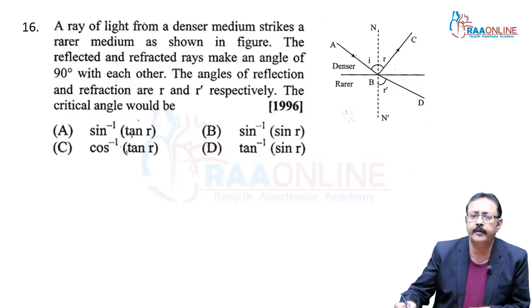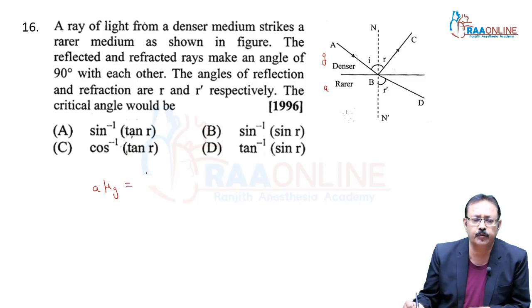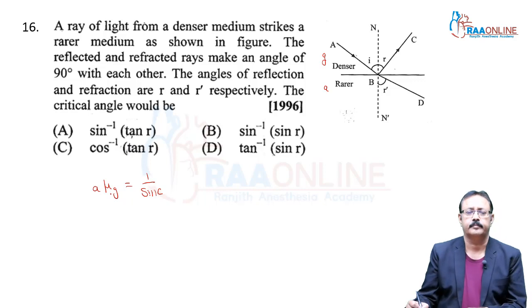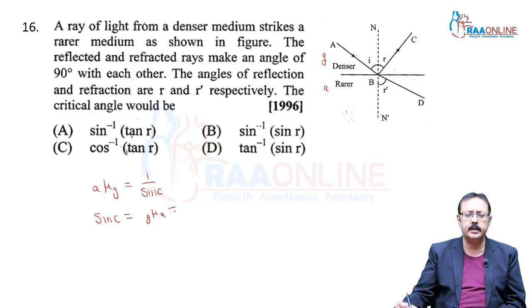Critical angle means, if this denser medium is glass and this rarer medium is air, we know that A mu G is equal to 1 upon sin C. Which means sin C is equal to G mu A. Take this sin C on that side, A mu G on this side.